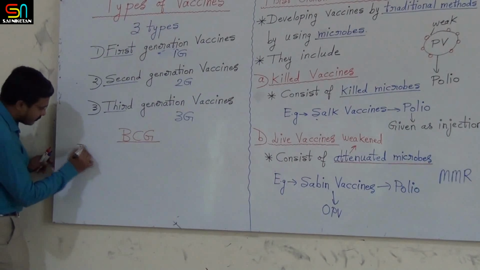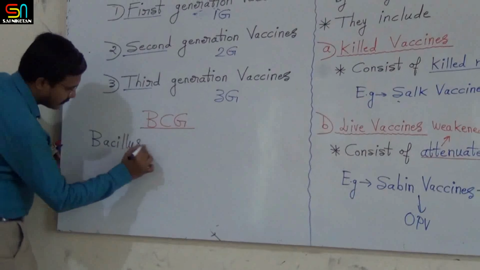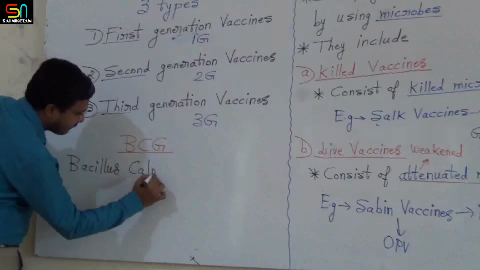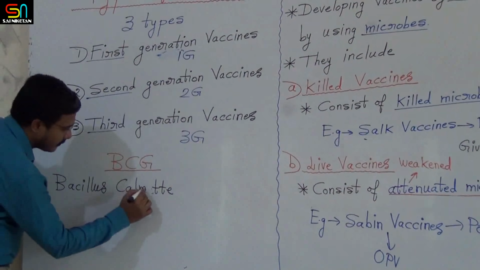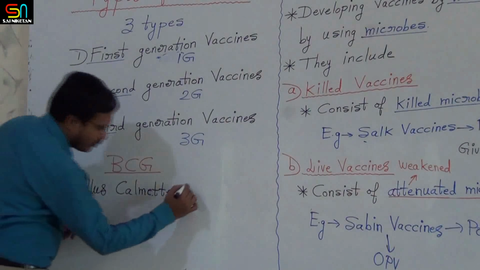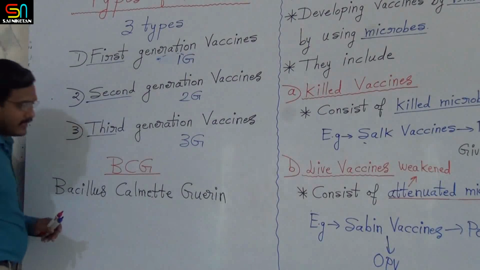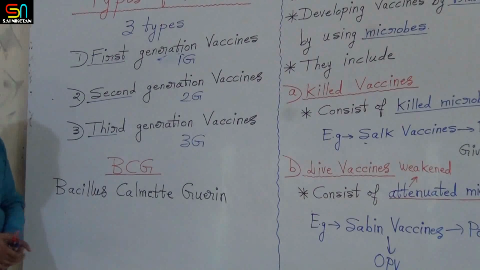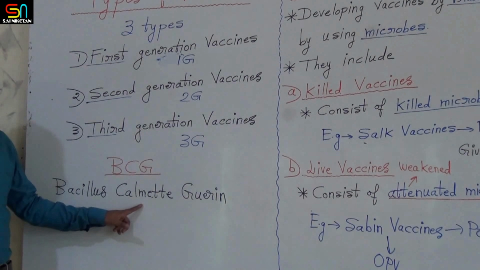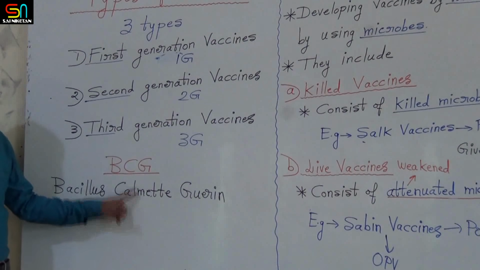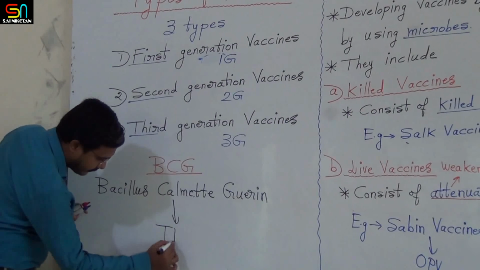BCG vaccine full form is Bacillus Calmette Guerin. So Calmette and Guerin are the names of the scientists who discovered or prepared this BCG vaccine. This BCG vaccine is given for the disease called TB.